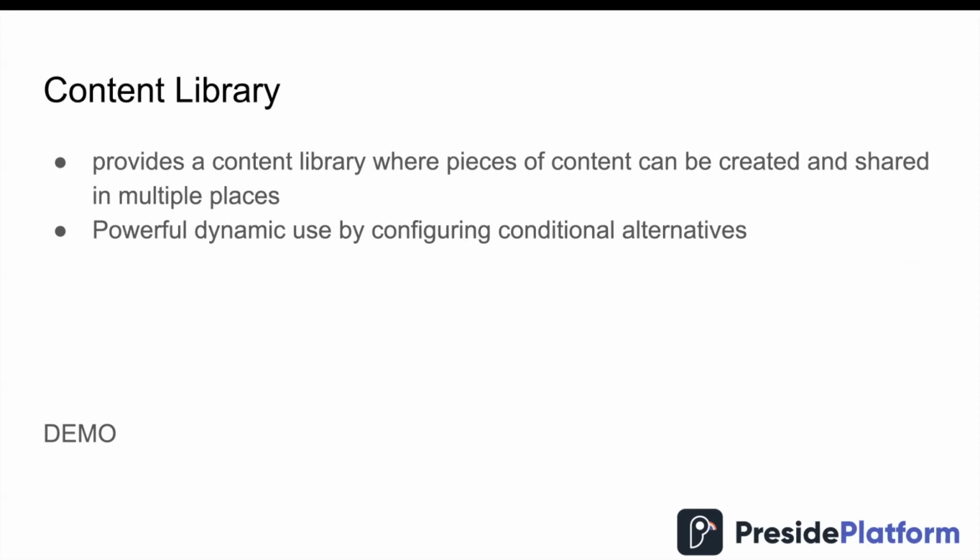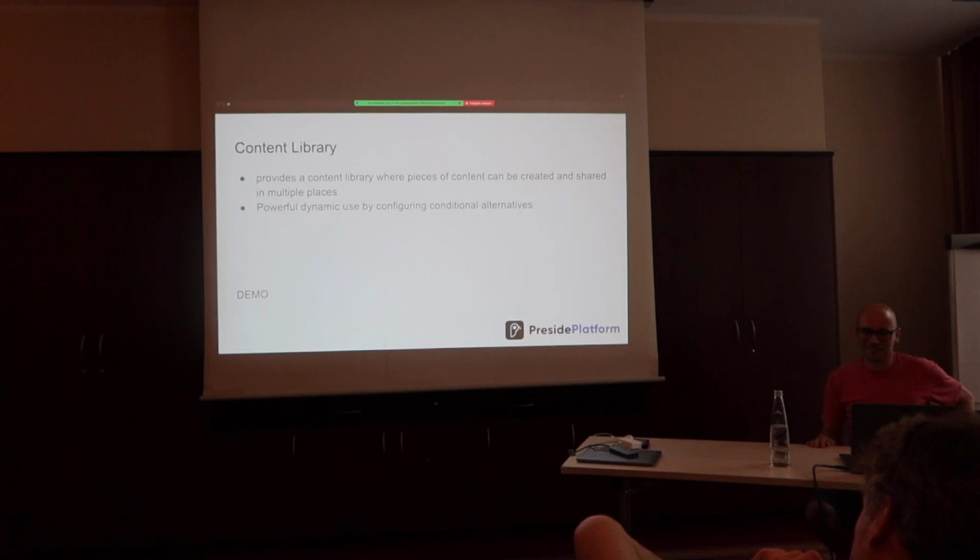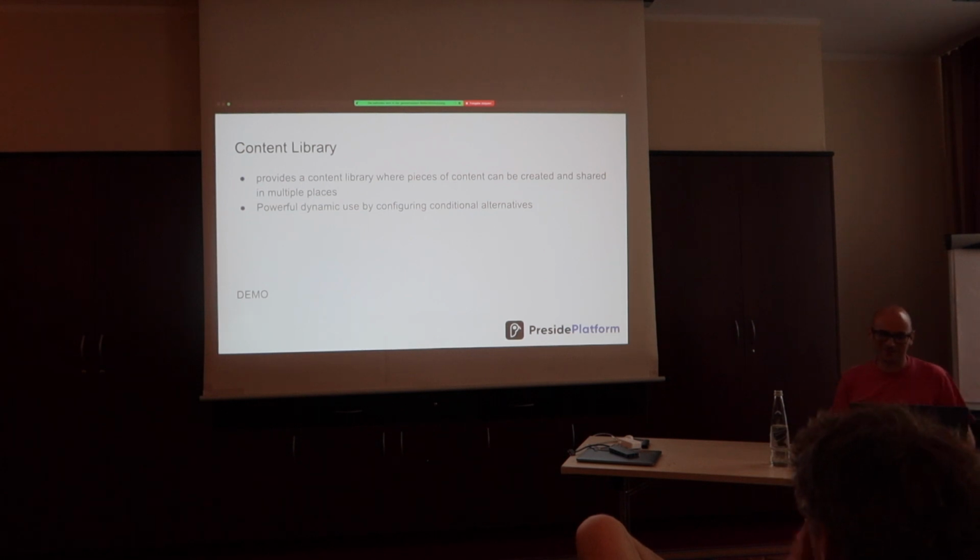The SEO department here reusing content. But I think the interesting part here is the conditional alternatives, which you in theory could also do with conditional content widgets, but it gets more complex if you have a lot of alternatives.